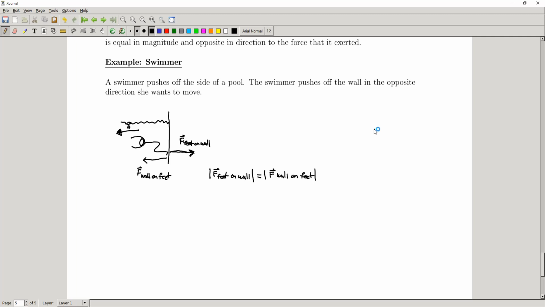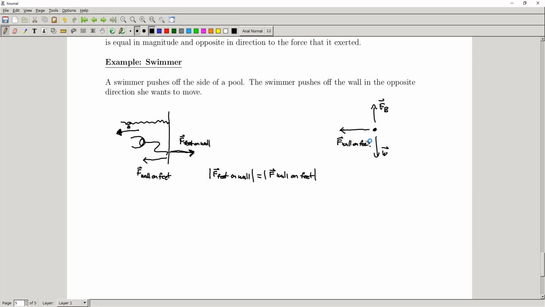So like if we drew a free body diagram of this, well, what would we have? Well, vertically we would have some force of buoyancy, right? The swimmer is sort of floating in the water, but there's some gravitational force pulling them downward, so they're not accelerating up or down. Those two forces balance out. But since we're only looking at the system of the swimmer themselves, we only need to consider the one force in this direction, and this is the force of wall on feet, right?